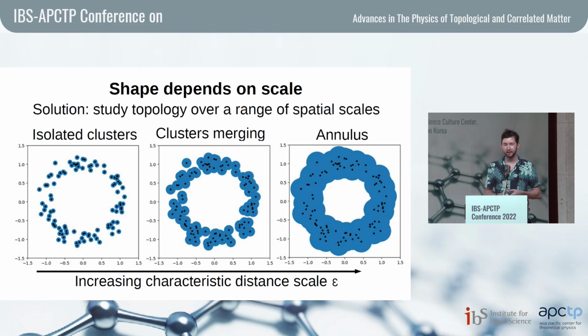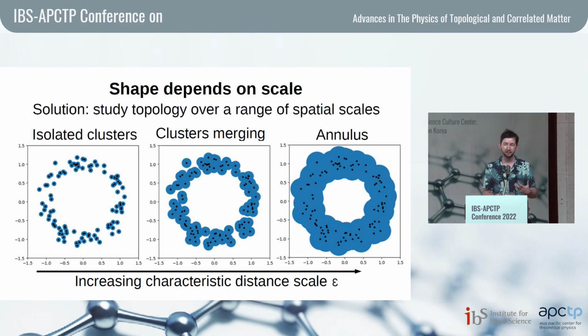Okay, so if you've been paying attention, one thing which I've glossed over is that this construction of the graph or the complex will obviously be quite sensitive to what kind of cutoff scale we use to determine whether to connect a pair of points. If this scale is too small, then each data point will be isolated. So we'll just have a cloud of points with no edges, no faces.